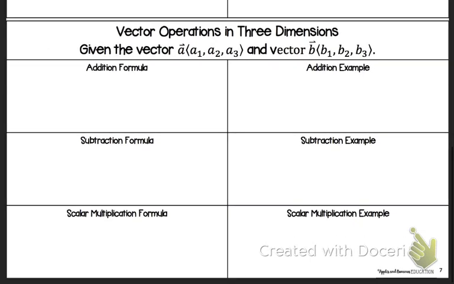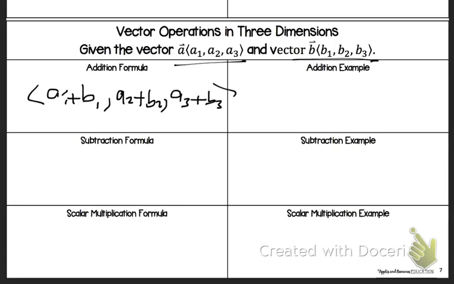Okay, the formulas are actually almost identical. You just have the third unit. So if we're adding a and b, this is our a vector, that's our b vector, we should just get a1 plus b1, you're adding the x's, a2 plus b2 because you're adding the y's, a3 plus b3 because you're adding the z's.